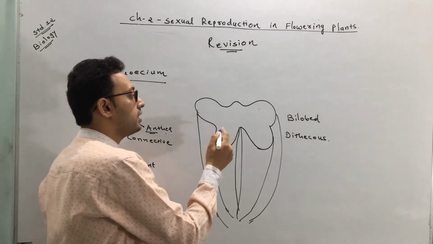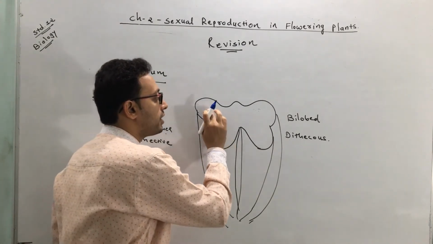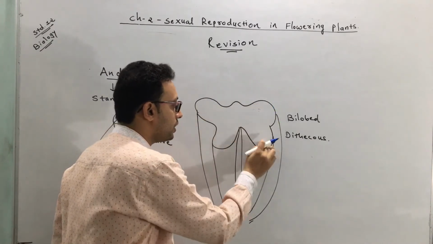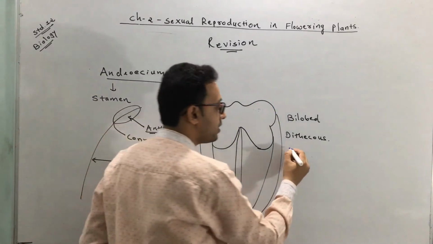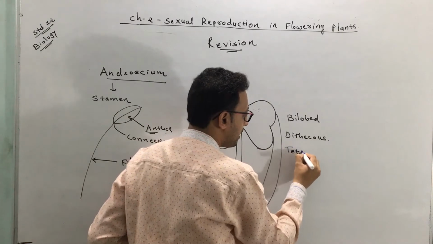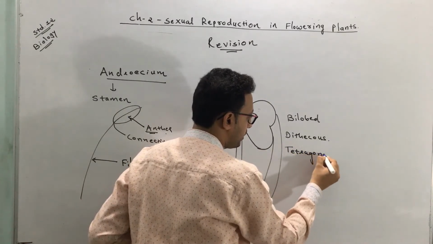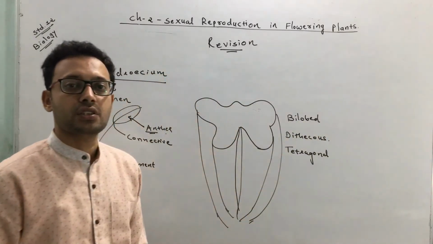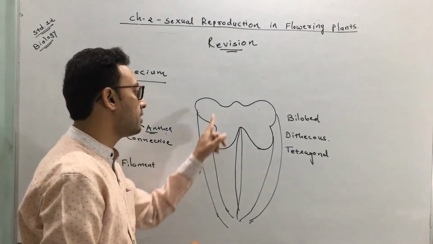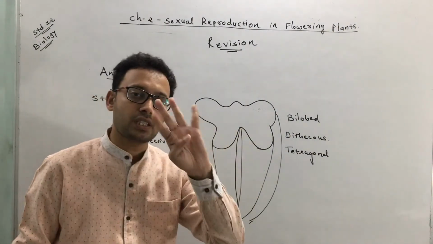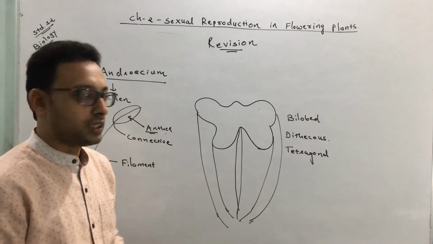Now, if you see the corners, how many corners are there? 1, 2, 3, 4. So they have 4 corners. That's why this structure can also be called tetragonal. In the transverse section, the internal structure of the anther looks tetragonal because it has 4 corners.